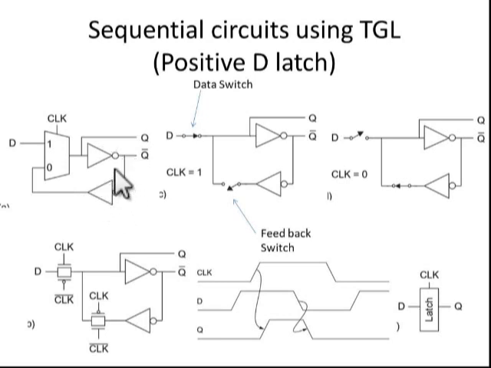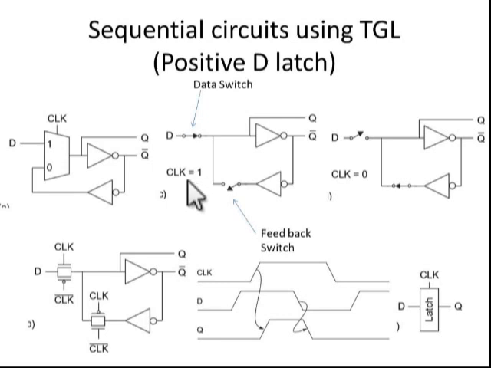And the positive latch. For better understanding, you can consider there are two switches: this is the data switch and this is the feedback path switch. The purpose of the data switch is to transfer the new data, and the feedback switch retains the previous data. The positive D latch means the data switch should be closed when clock equals 1.